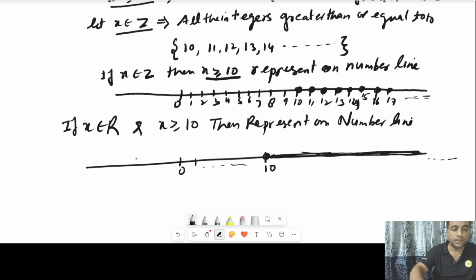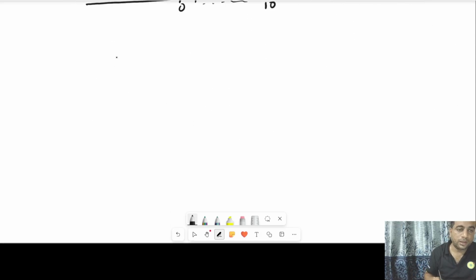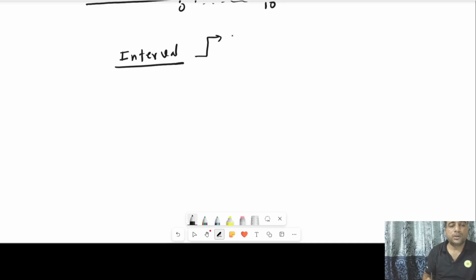Now we are coming to intervals. In this chapter there are two types of interval. The first one is closed, the second one is open.